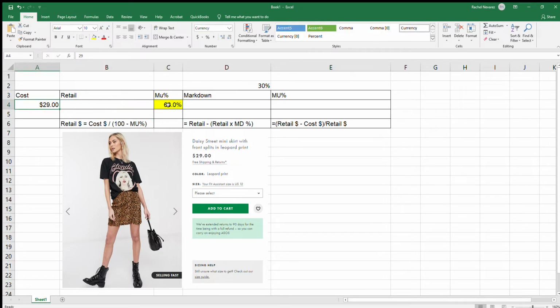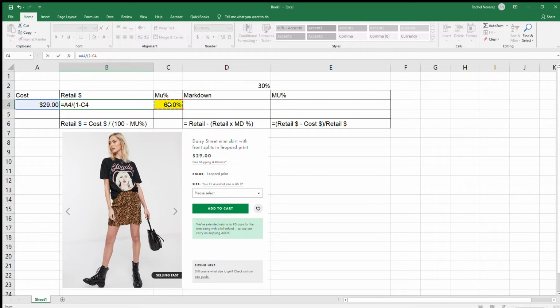Now, I have my cost, I have my markup, I need to determine my retail. So I have this formula down here, right? Retail dollar amount is going to equal the cost divided by 1 minus my markup percentage.